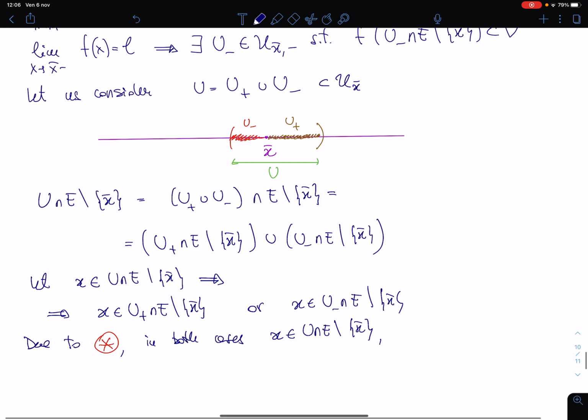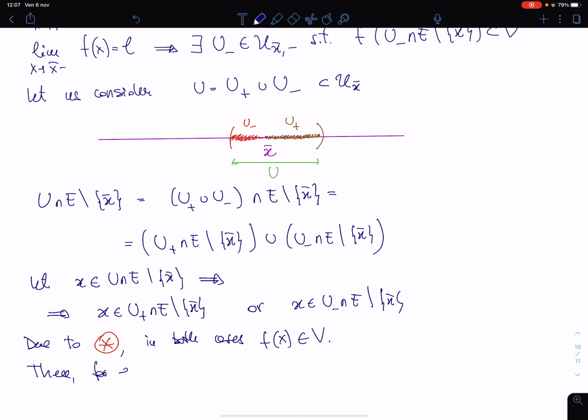So that, in both cases, f of x belongs to V.